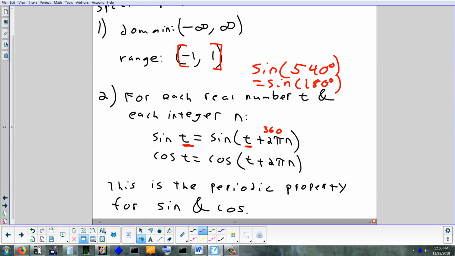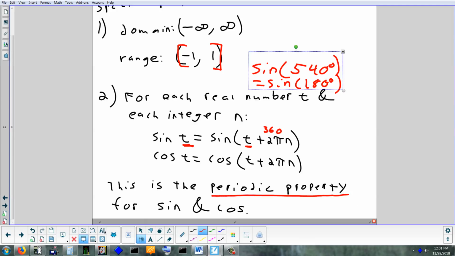Well, just pretend like n is -1. 360 times -1 would subtract 360. 360 times -2 would subtract 360 twice. Right? So this is just saying you can add or subtract 360, or 2 pi if you're doing it in radians, as many times as you want. And it's just an equivalent way of figuring out the same thing.